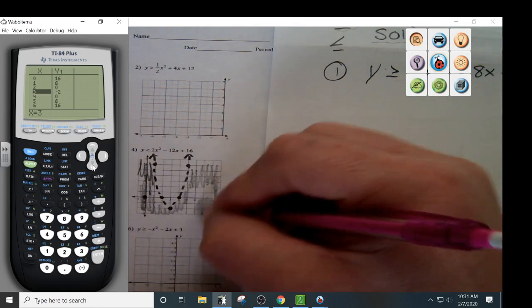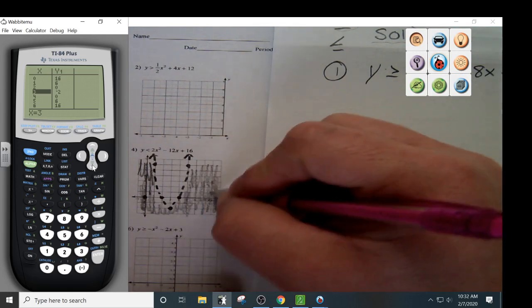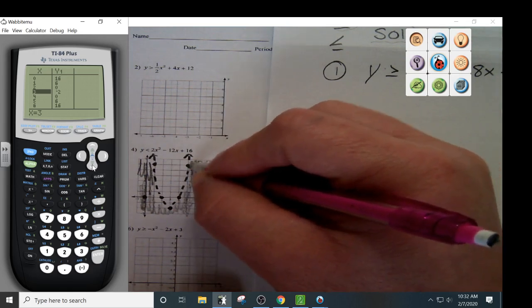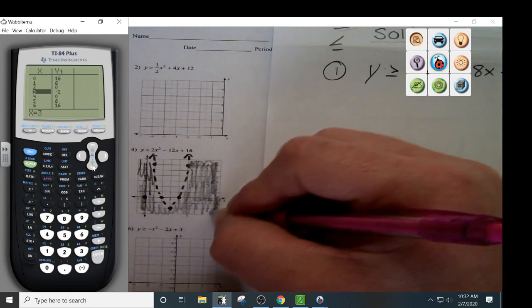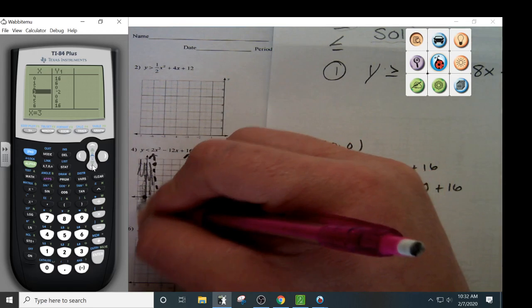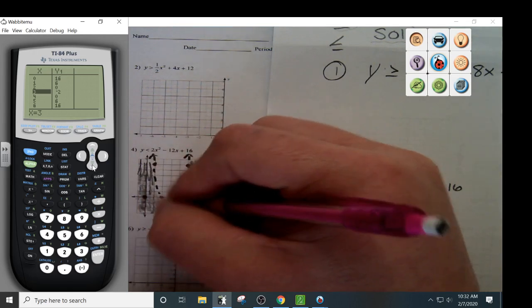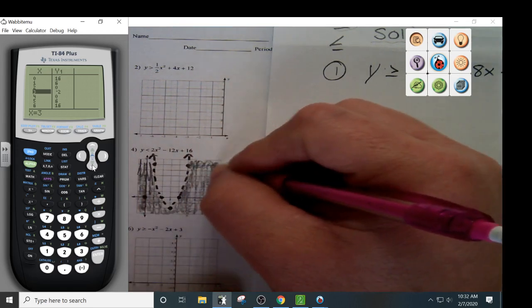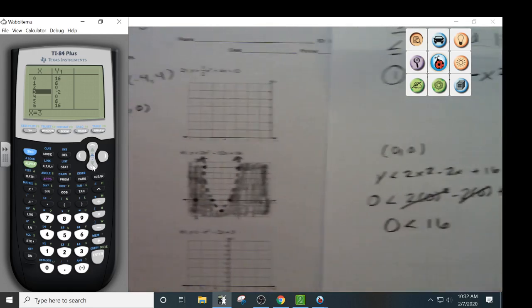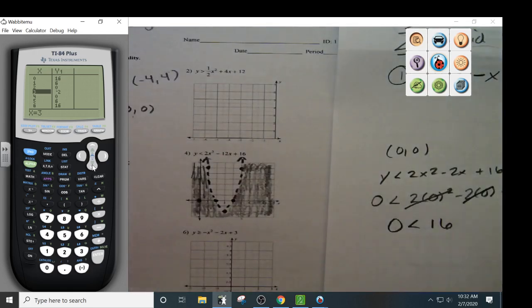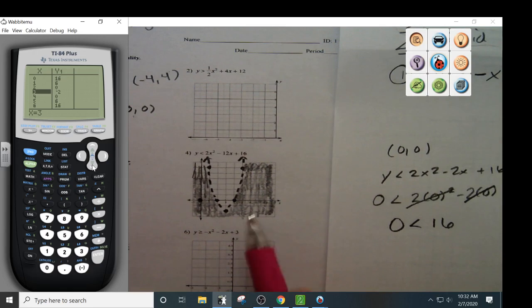Now, guys, while we have this example, I'm going to show you how to do it with the calculator. Okay. Now, guys, this is to me very easy.